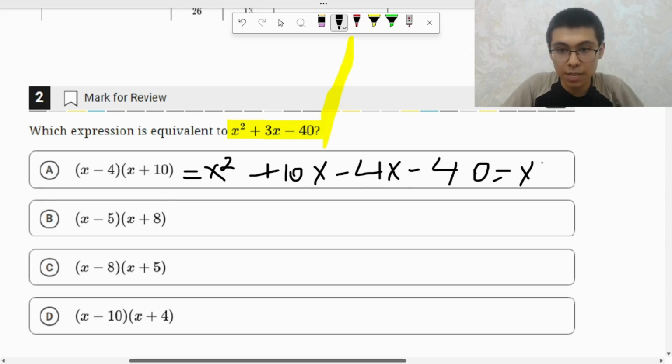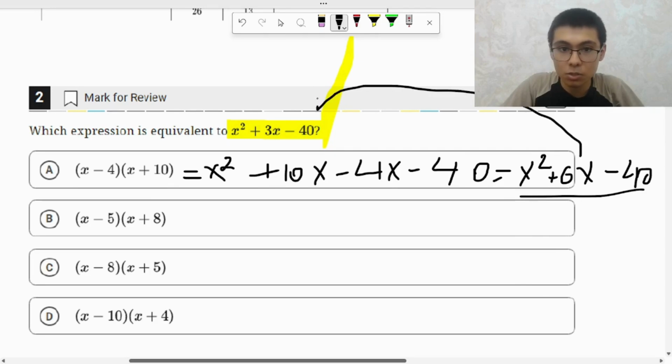And this will equal x squared plus 6x minus 40. So this is not equal to this expression. So A is wrong.